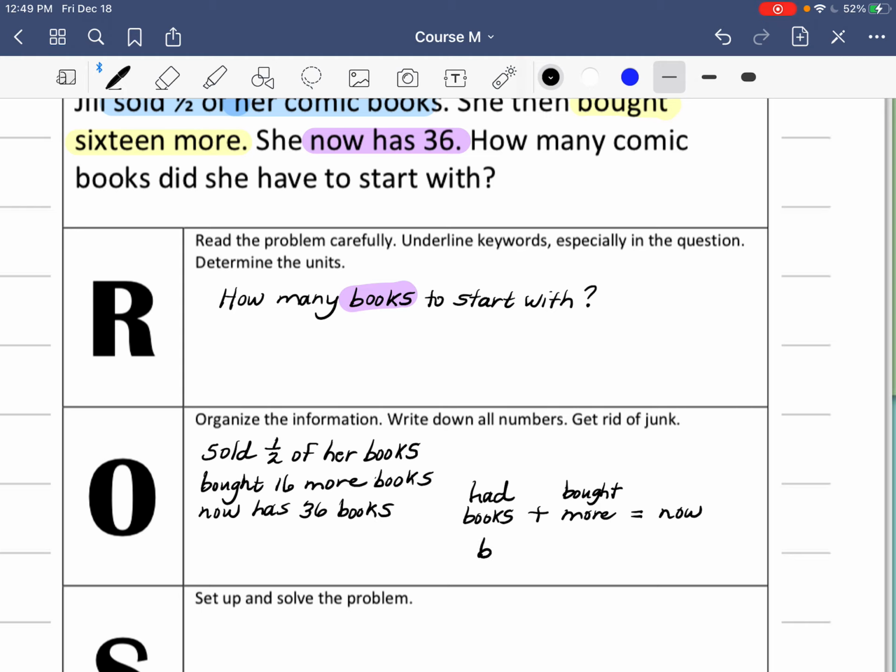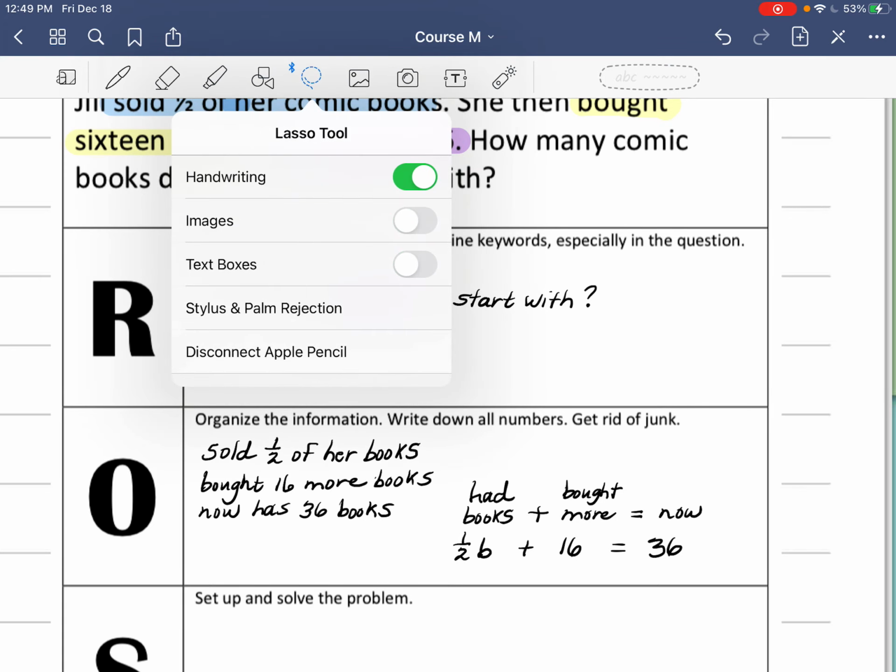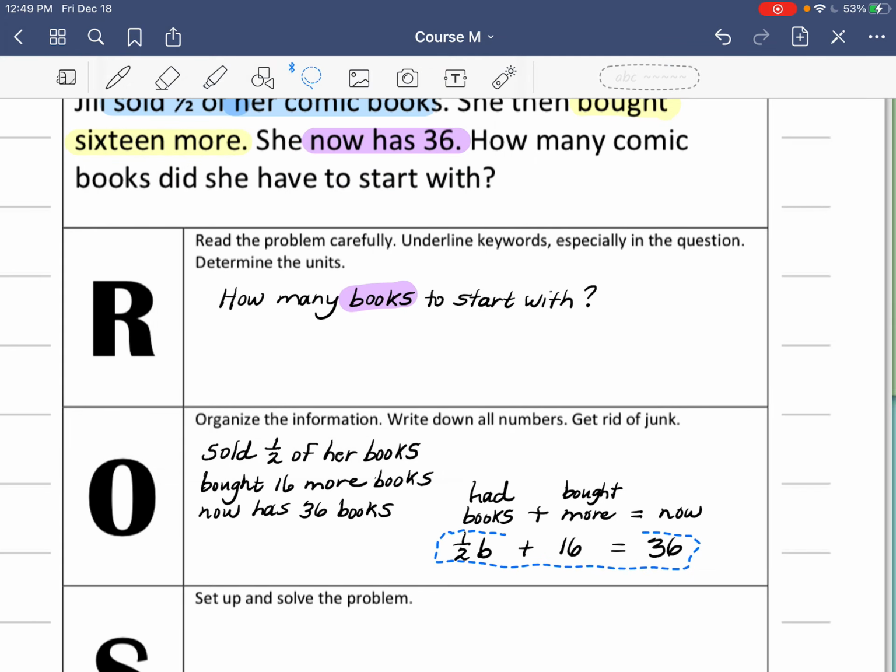So if she had some books, but remember she got rid of half of them, so she only kept half of the books she had. She bought 16 more, and now she has 36. And there is the equation that you and I need to solve.